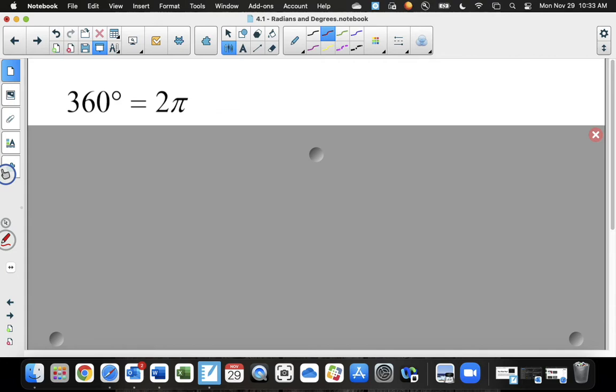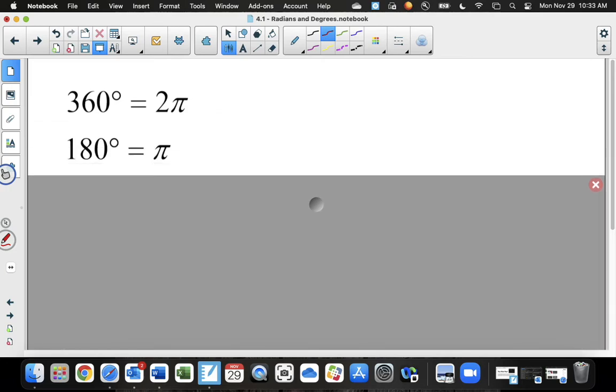That's 2 pi. If you divide both of those by 2, that means 180 degrees, halfway around a circle, is pi radians. Okay? There's your equivalent. We're going to use this as our conversion factor: 180 degrees and pi are really the same thing, radians to degrees.